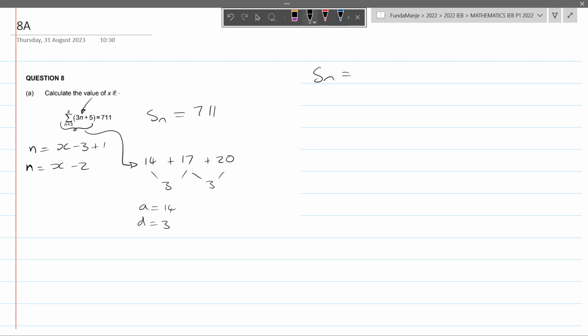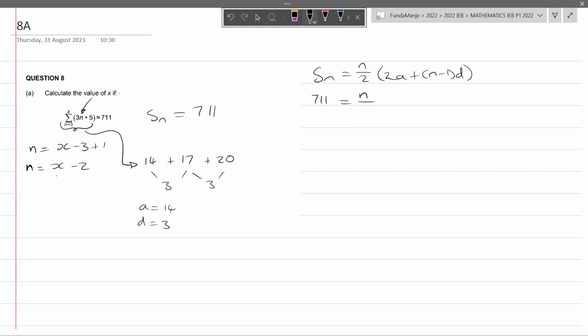Sn is equal to n over 2 times 2a plus n minus 1 times d, like that. Then Sn, we already know that's 711. N, the number of terms, is what we're looking for, such that we can then find x.